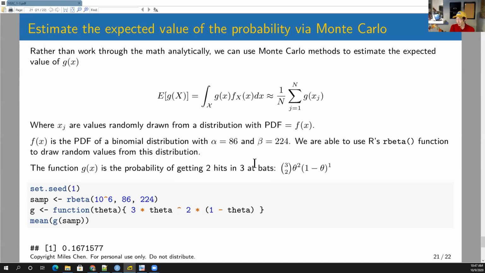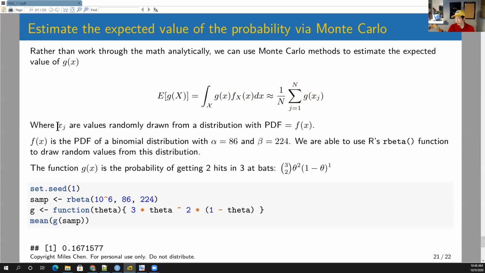This is something we call Monte Carlo integration, and we'll cover this in a couple of weeks after we talk about some basic Monte Carlo ideas. You can just take the mean of applying the function g to some sample of values.